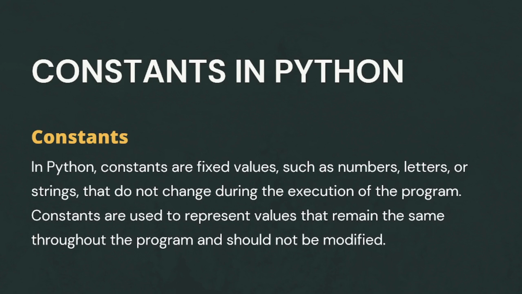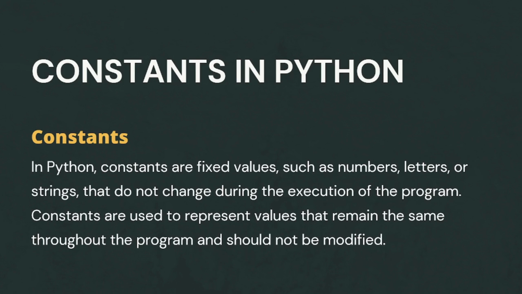Okay, now let's talk about constants in Python. These are values that you don't want to change. Python doesn't have any strict rule for constants like some other languages, because by convention we write constants in all caps to remind ourselves, like, hey, don't mess with this. Constant is actually a value that you can never change.